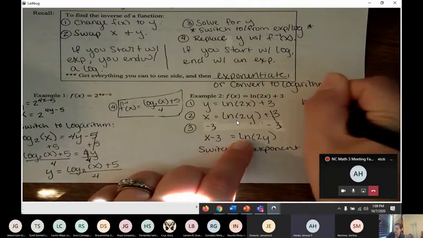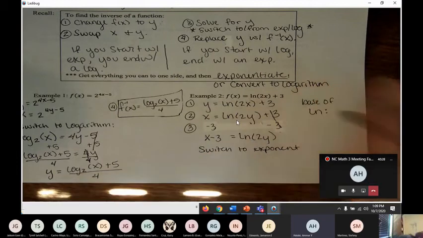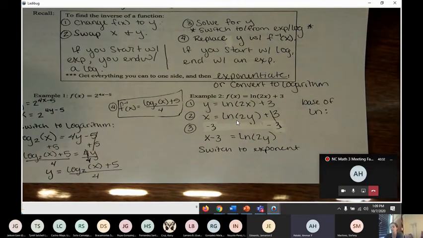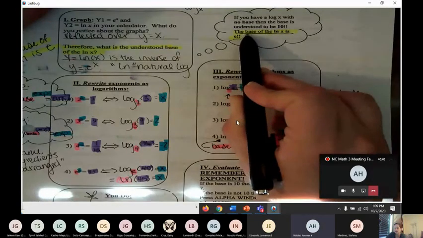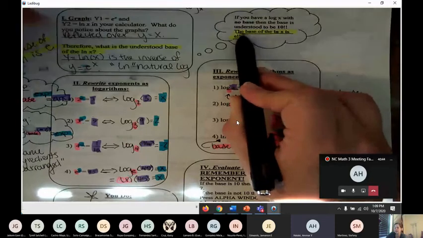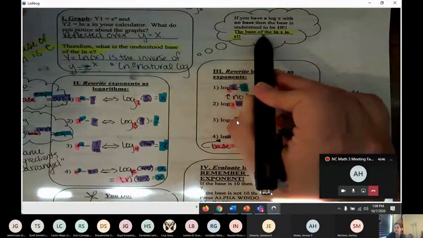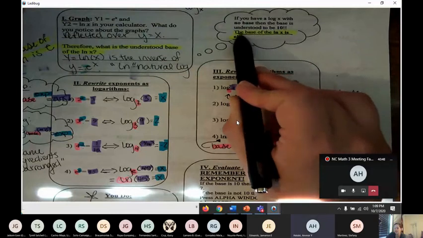So we talked about this the other day on this sheet. Okay? Read this highlighted part right here. Can you read this? Ln. What is this?